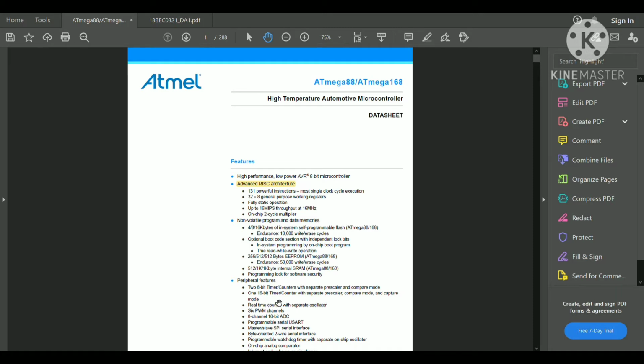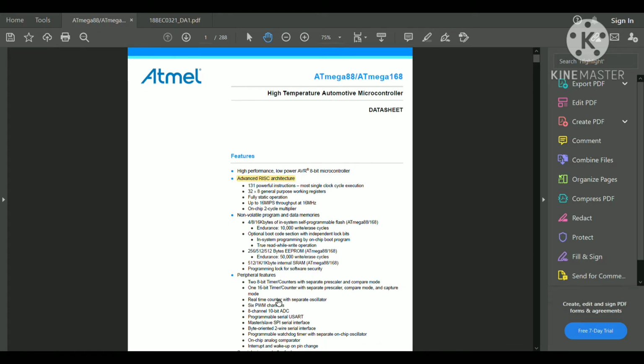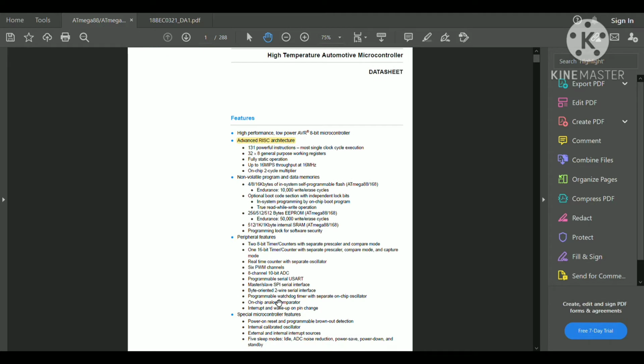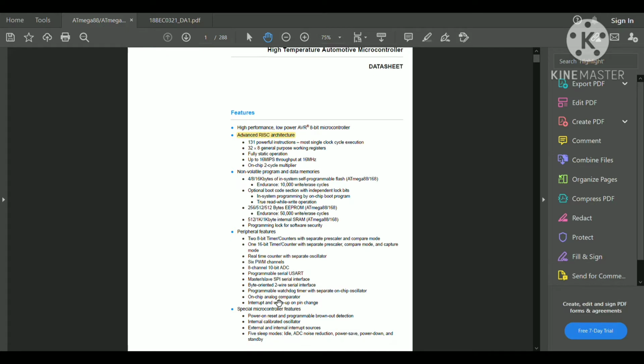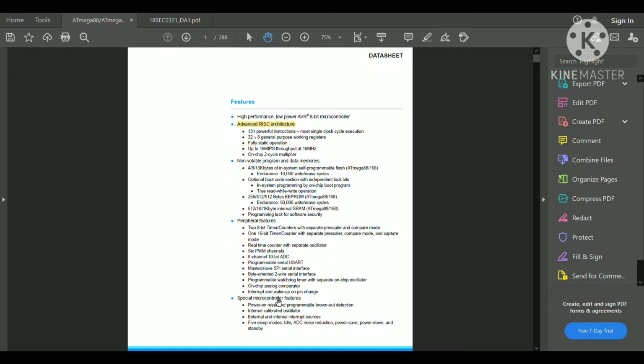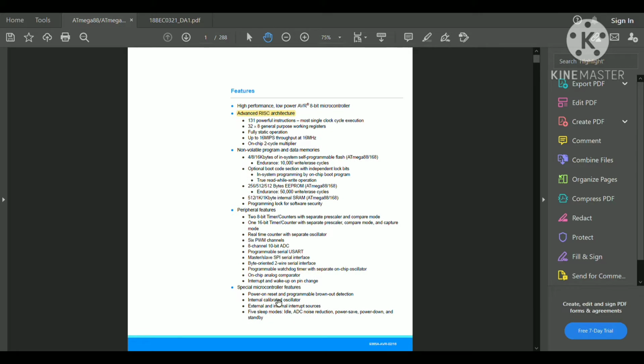The program memory is 16K, based on flash, while the other two memories, RAM and EEPROM, contain 1K and 512 bytes respectively, with data retention capacity of around 20 years.